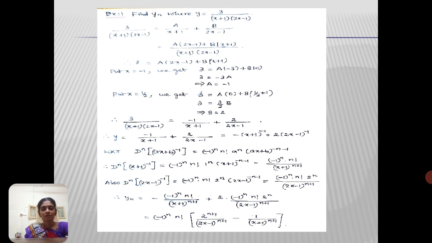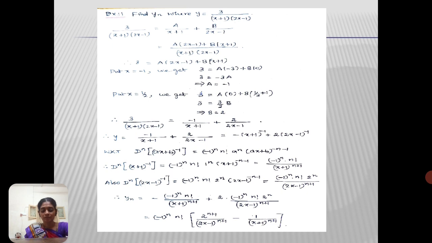Now we take the nth derivative in this step. So D^n of (ax + b)^(−1) can be written as (−1)^n factorial n a^n (ax + b)^(−n−1). In the same way, we write the nth derivative of (x + 1)^(−1).